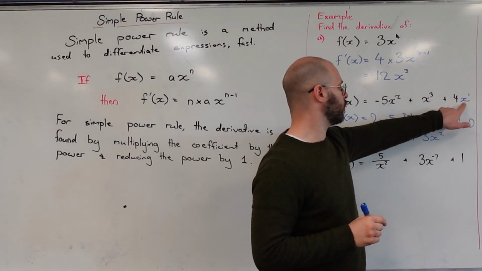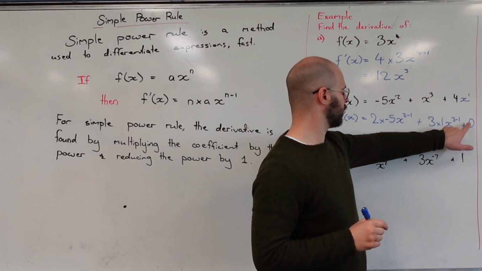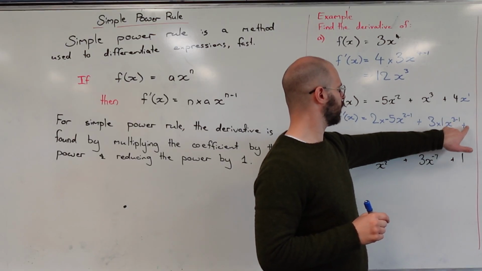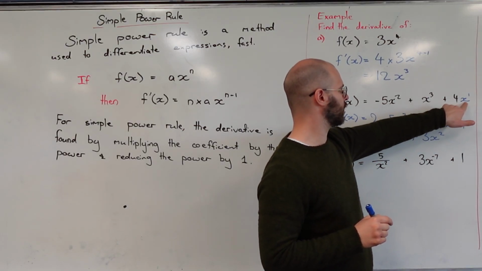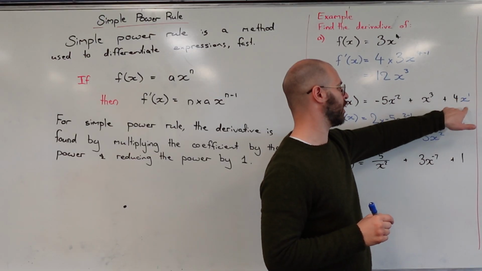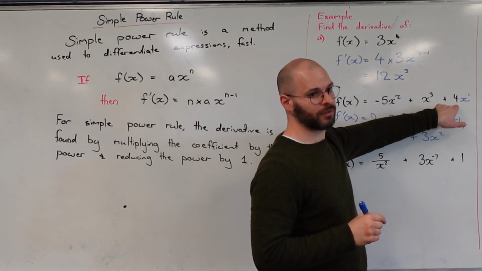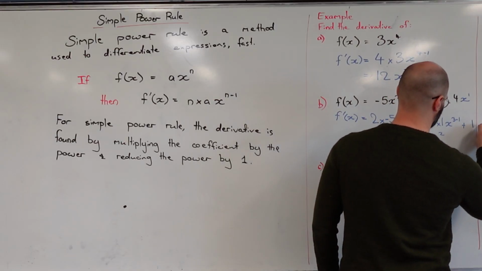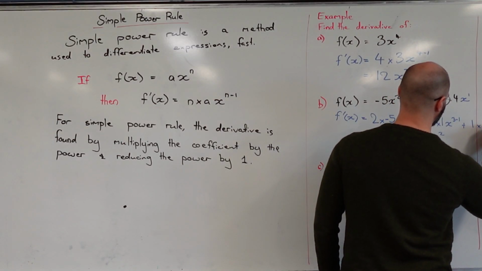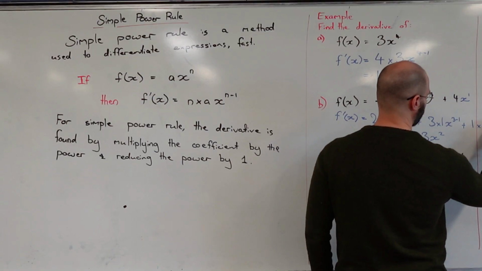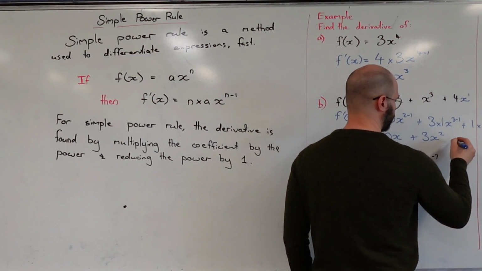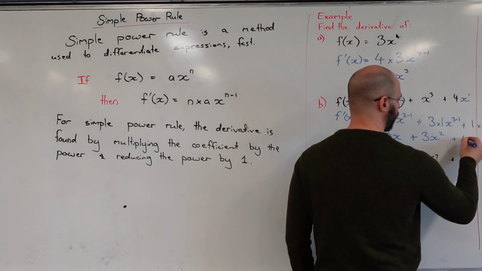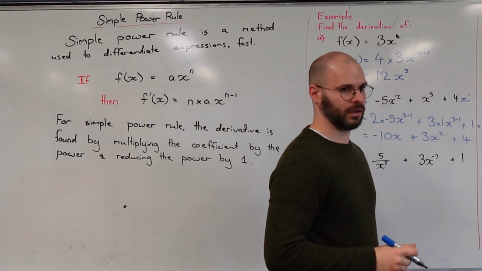What would this line become? 4 times x to the power of 1. What would we multiply 4 by? 1. 1 times 4, x to the power of 0, which would be just 4, wouldn't it? So it's 4, not 0.